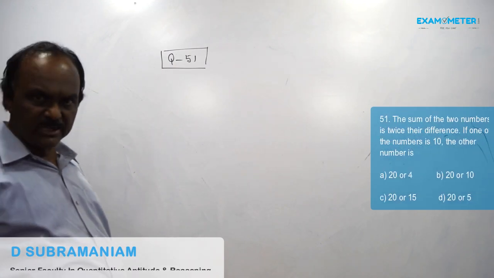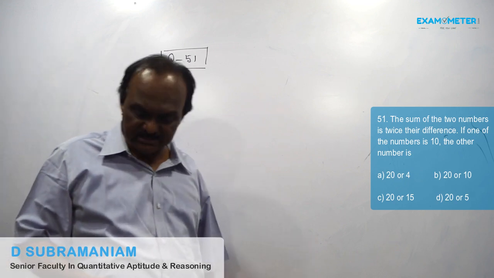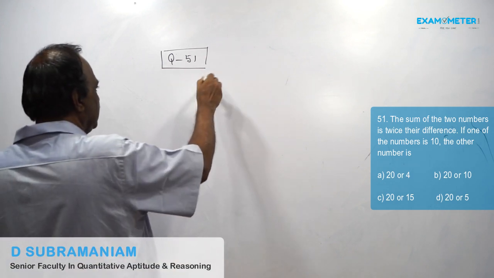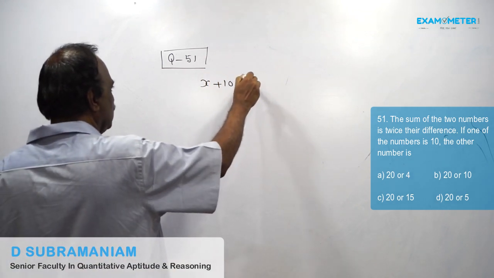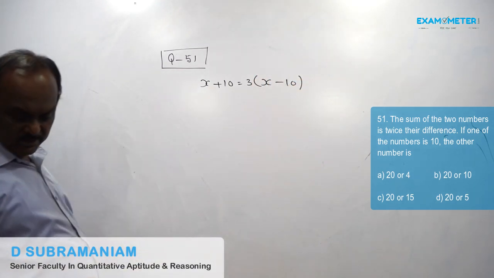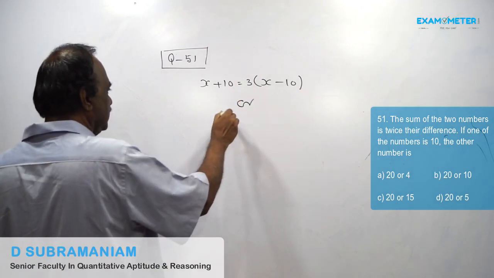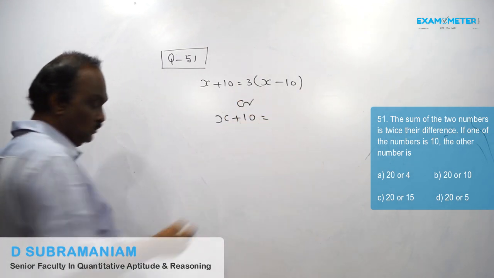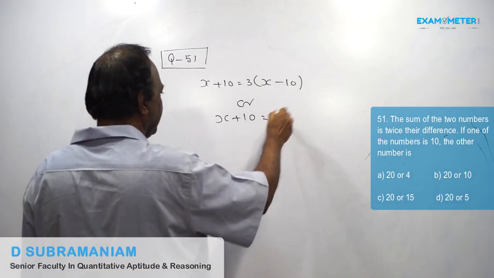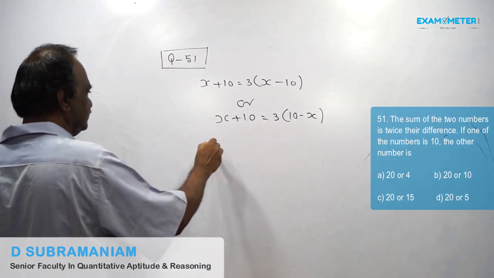We will assume the number as x. There will be two possibilities. x plus 10 is equal to 3 into (x minus 10). This is one possibility. Or x plus 10 is equal to 3 into (10 minus x).